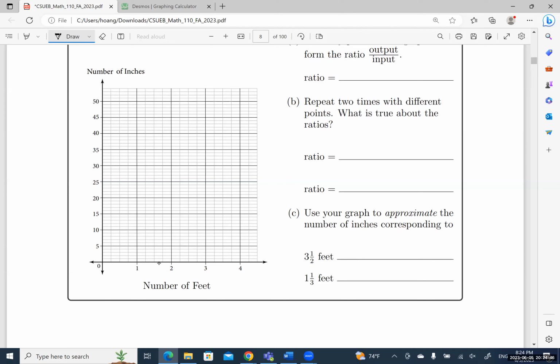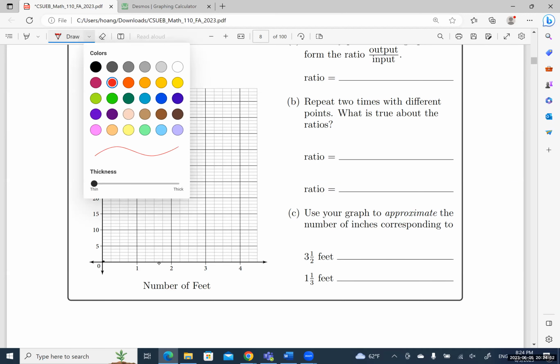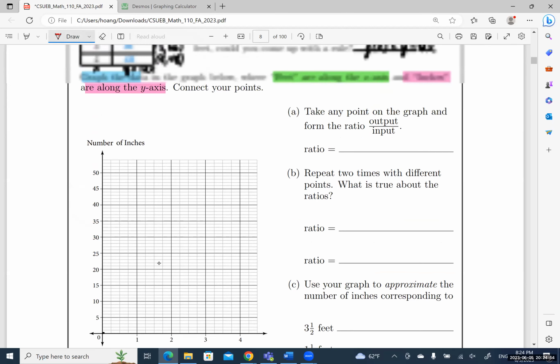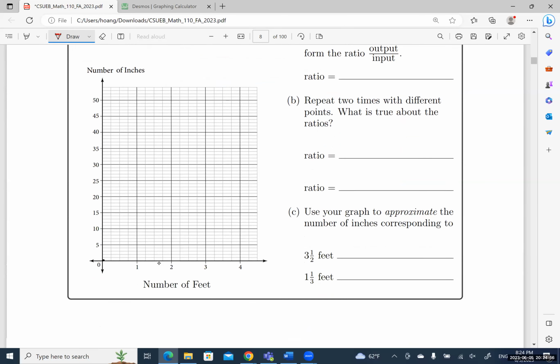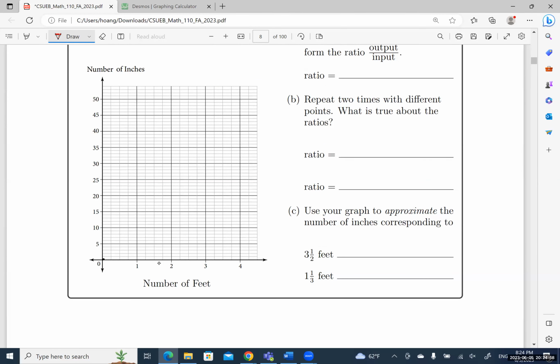All right, so now let's go ahead and plot those. The first one is (0, 0). I'm going to use another color for the next one. So then the next one is (1, 12), right? 1 on the x-axis is here, and 12, so we go up to 12 here.